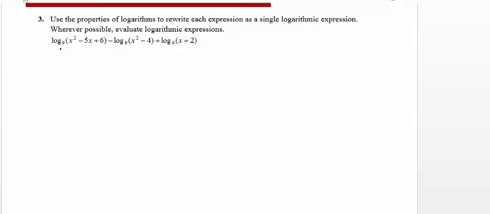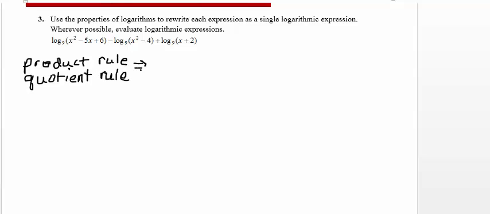Okay, so here we're going to use both the product and the quotient rule. The logs that have a positive coefficient, the input to that log is going to go in the numerator. The input to the log with a negative coefficient is going to go in our denominator.